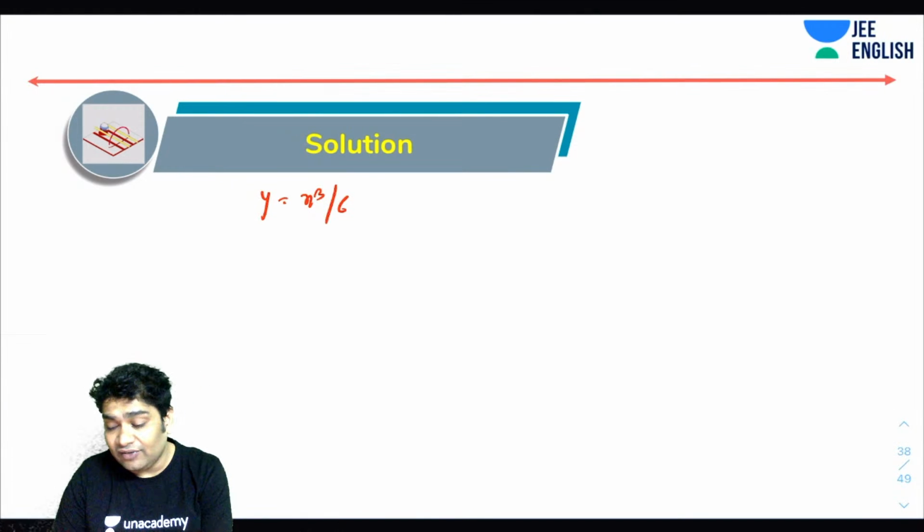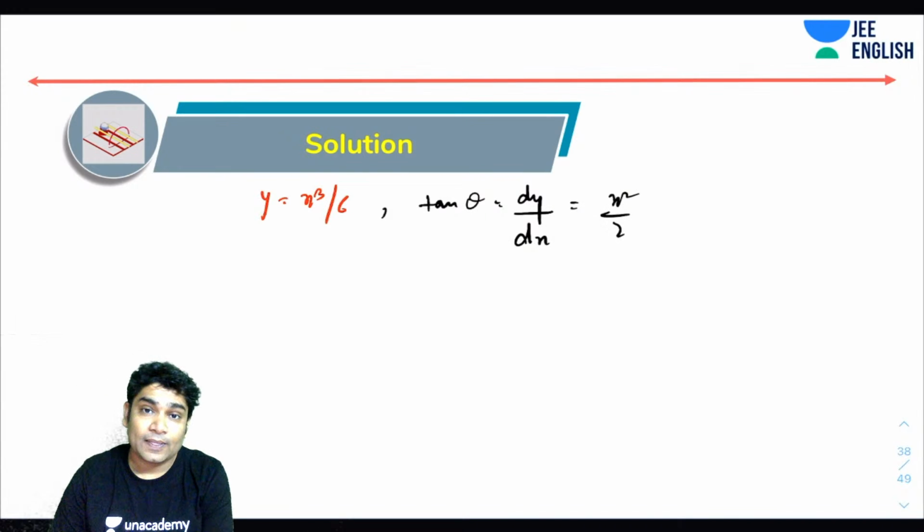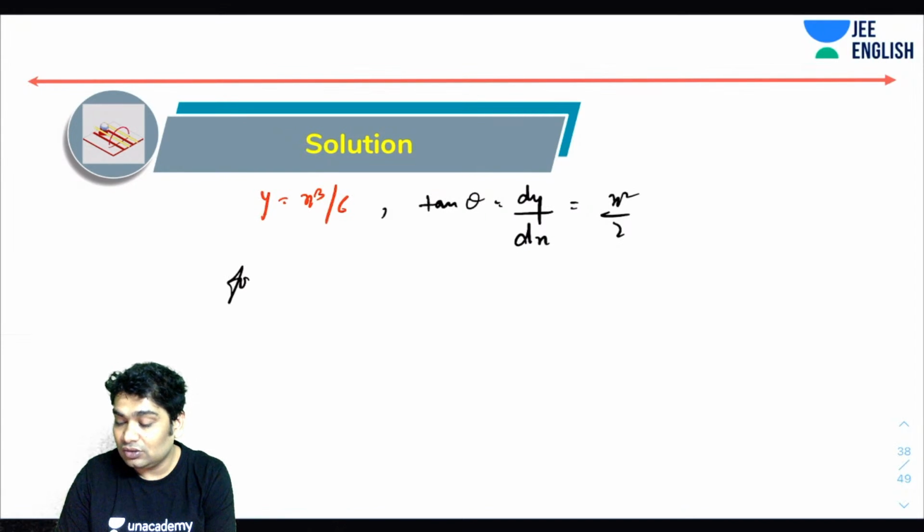So for any y, the slope, tan theta, would be equal to dy over dx, which is equal to x square over 2. Correct? So at every x, the slope of your incline becomes x square by 2. I know for just slipping.